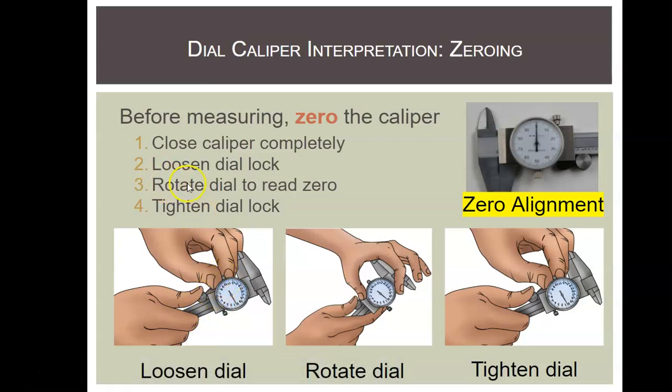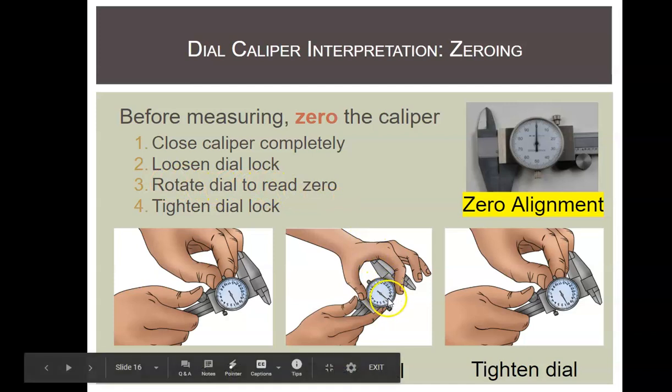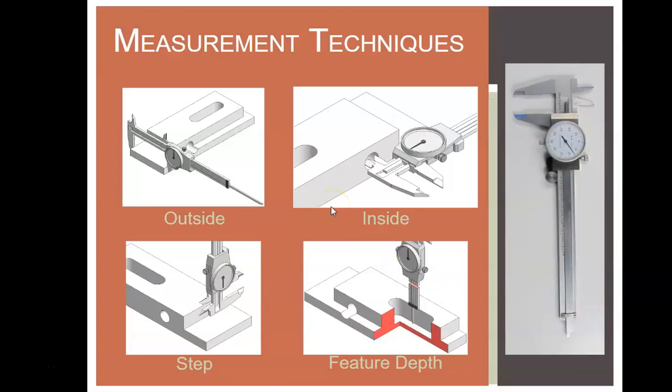Then you rotate the dial so it reads 0. I have seen these pointers going on an angle from people dropping them over time. If you put it at 0, it should be fine. Then you tighten the dial lock. If you do that, it should open and close back to 0 every single time.